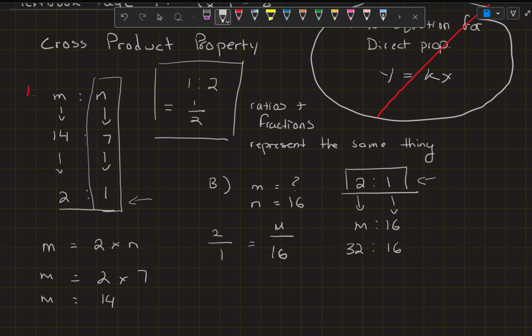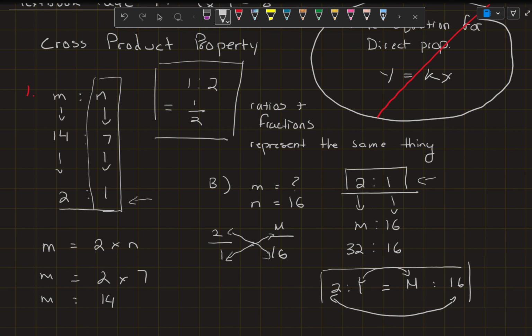And now my cross-product property comes into play. So I'm going to multiply the means, and I'm going to multiply the extremes, okay? So remember, my means are here, and my extremes are here.